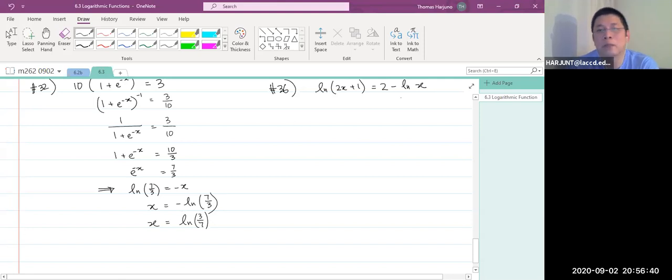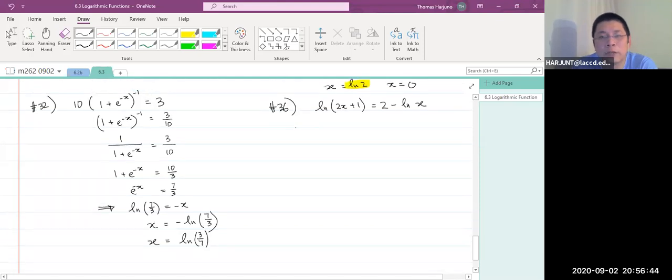Okay, number 36. I move the ln x to this side. The purpose is so that I can change that into a single log. This is natural log of 2x squared plus x equals 2.